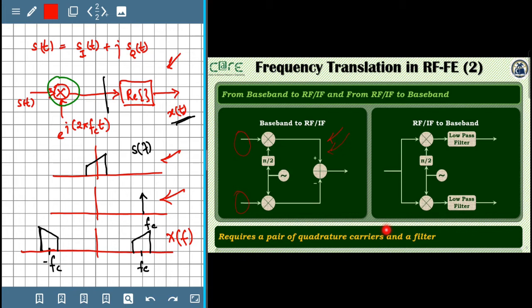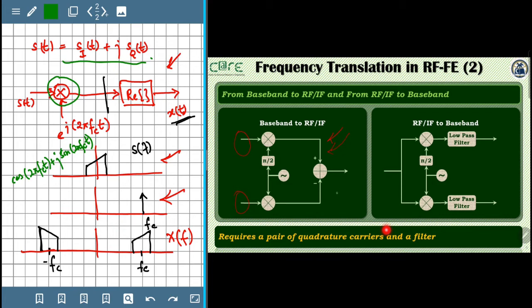And you can readily see that the complex exponential, which can also be written as cos of 2 pi fct plus j times sine of 2 pi fct, if it gets multiplied with this complex signal that you see here, and then we take the real part of this, that would correspond to the term s_I of t times cosine of 2 pi fct minus, because j times j is minus 1, s_Q of t multiplied with sine of 2 pi fct.